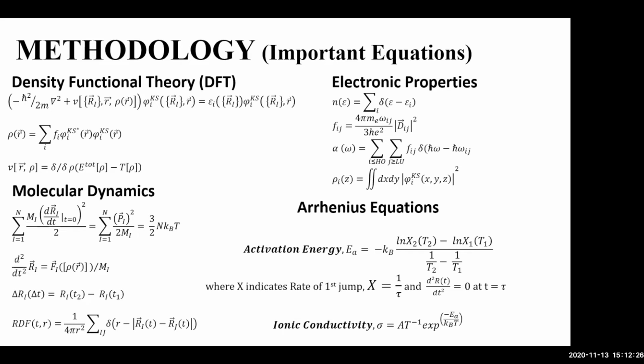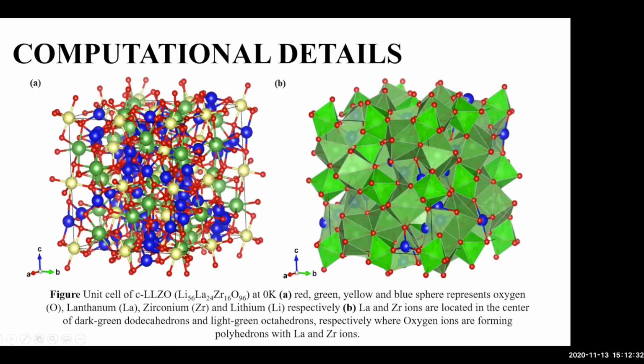You can see the red, our point of interest. The movement of these blue atoms is the main interest of our study. We want to see the movement of these blue atoms. We used eight PFU, that means per formula unit.